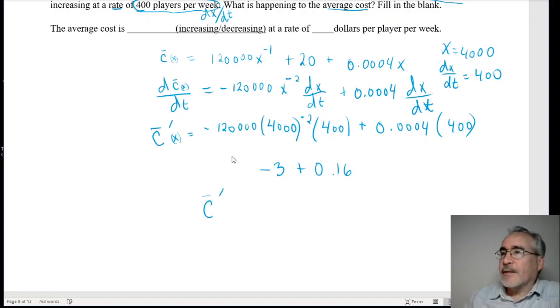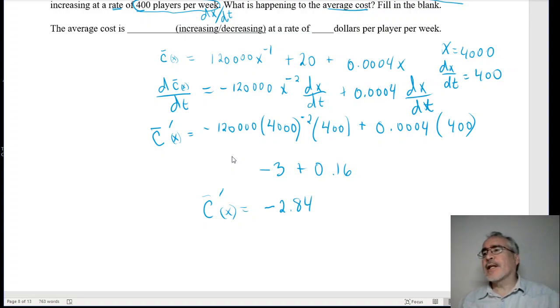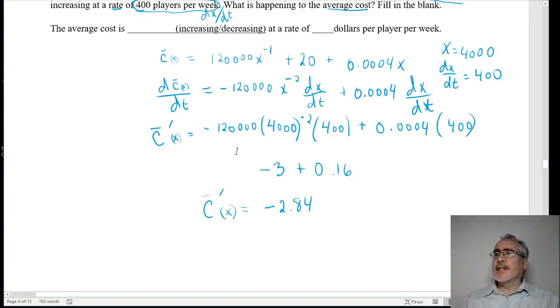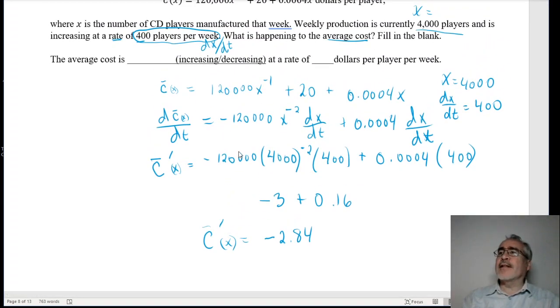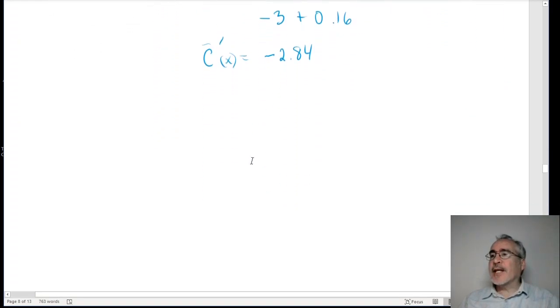Looks like our derivative, our average cost is decreasing by 2.84. Sometimes I get that, negative 2.84. So we could say it is decreasing at a rate of $2.84 per player per week. Not bad. Our costs are going down.